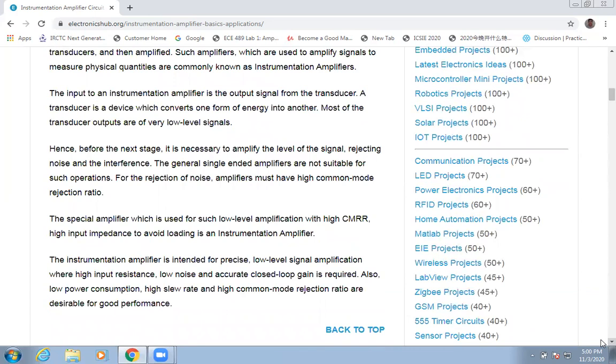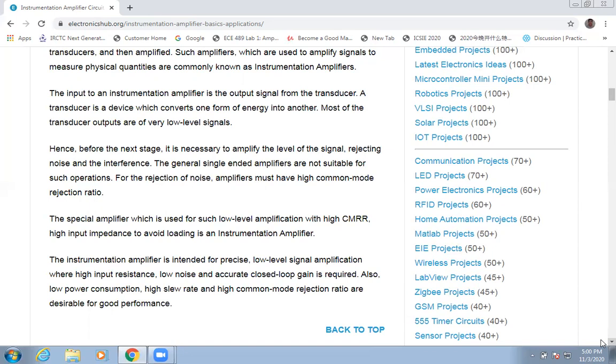Hence, before the next stage, it is necessary to amplify the level of the signal, rejecting noise and interference. The general single-ended amplifiers are not suitable for such operations.